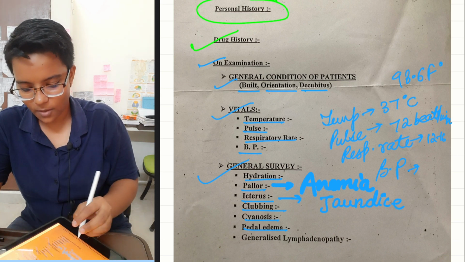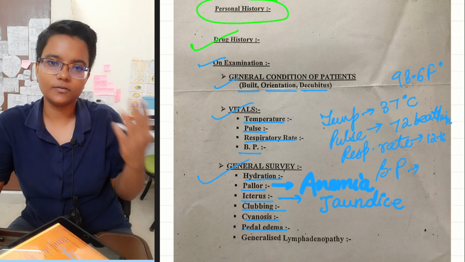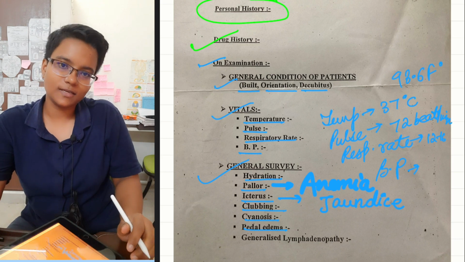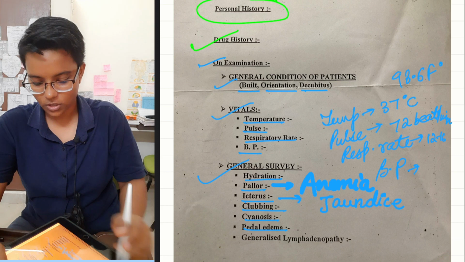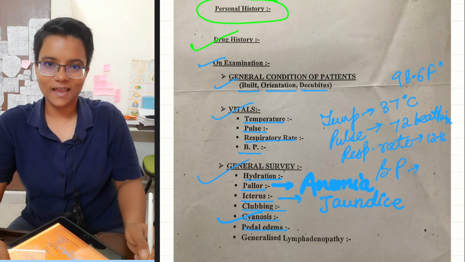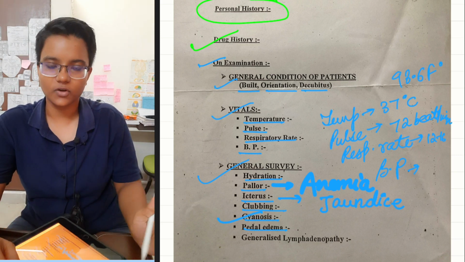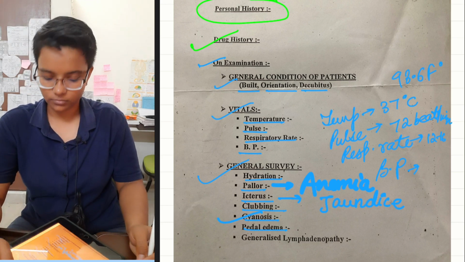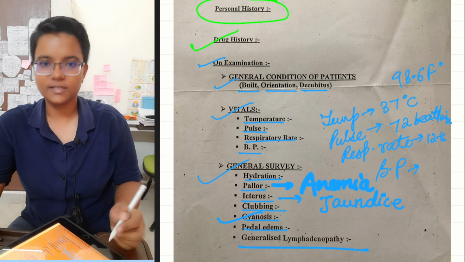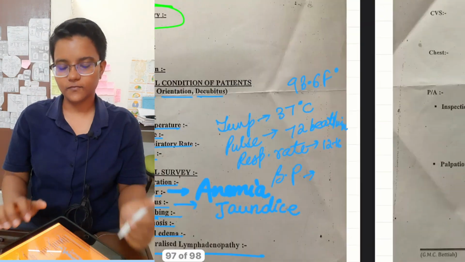Clubbing, cyanosis: when anyone is on mountains or at high altitudes, you can check whether he is cyanosed or not, that is bluish discoloration. Jaundice is yellowish discoloration. And for generalized lymphadenopathy, you can check the lymph nodes.